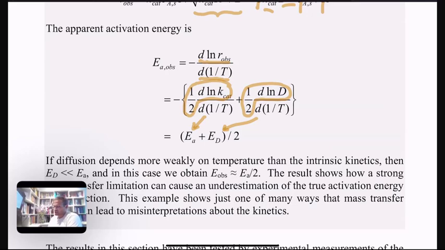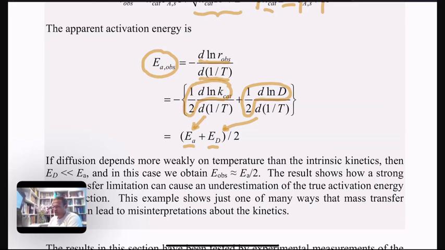So interestingly, the activation energy that the experiment would appear to see is not the intrinsic activation energy of the chemical reaction step, but a 50-50 mixture of the activation energy of the chemical reaction step with that activation energy associated with the diffusion resistances. And this is often very small.